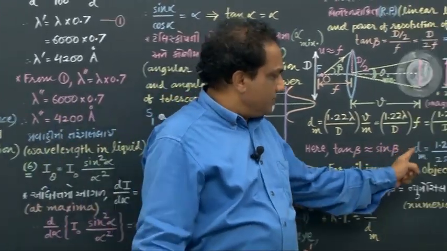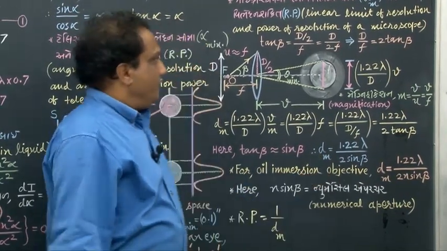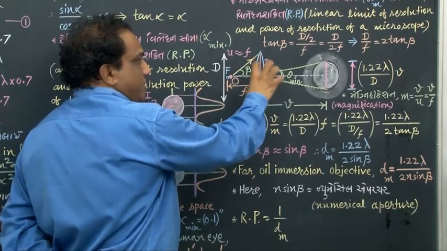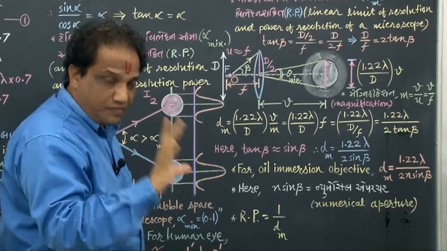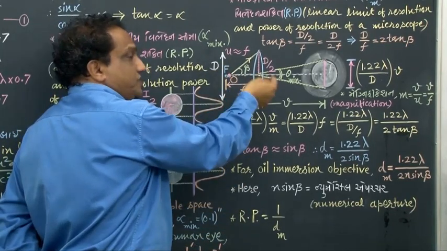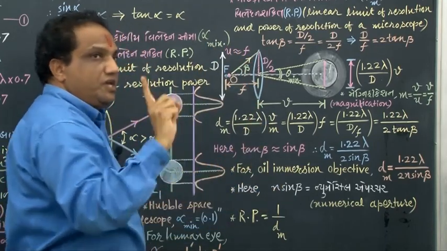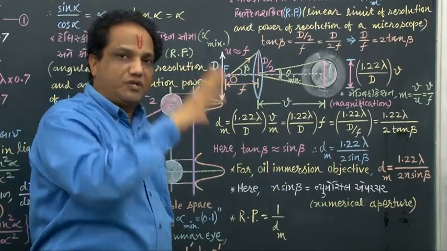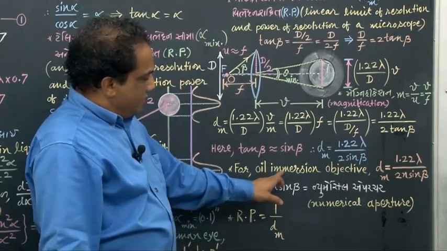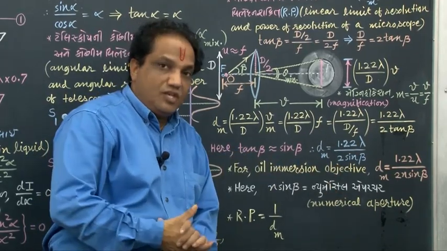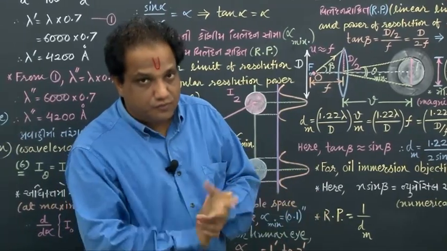So just to reduce this linear limit of resolution, what we do in practice, we keep this objective immersed in oil which is filled in some cylindrical tube, and that sort of objective is called oil immersion objective. Then you may have a question, why should we do that? For what purpose? I am showing you.